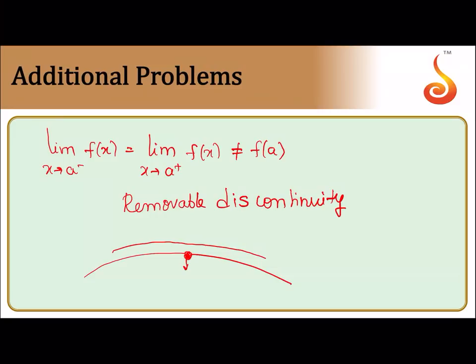So limit x tending to a minus f of x equal to limit x tending to a plus f of x is not equal to f of a, then we say it is removable discontinuity. Remaining all discontinuities what we discussed are non-removable discontinuity or discontinuity of second kind. So why is it called removable discontinuity? You can give f of a a value which is equal to both. We will discuss the examples, you will understand. Please remember this.